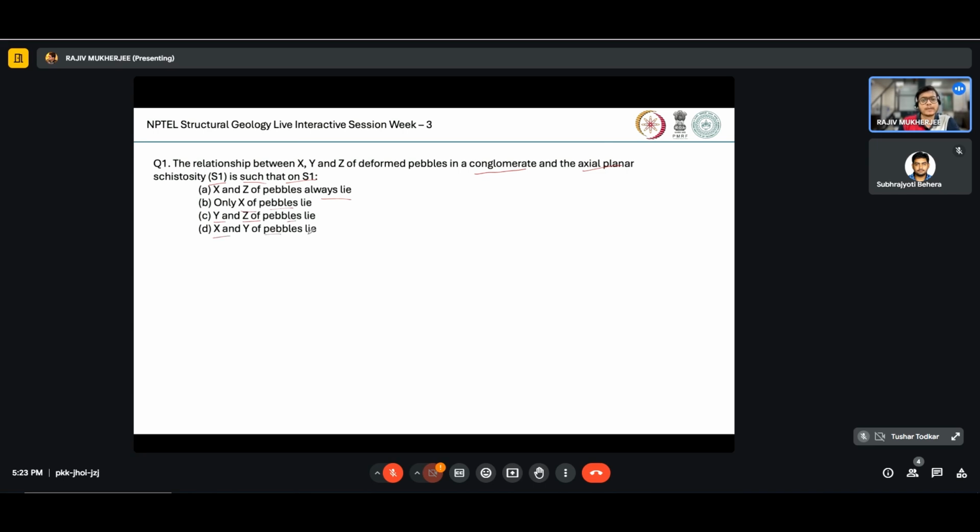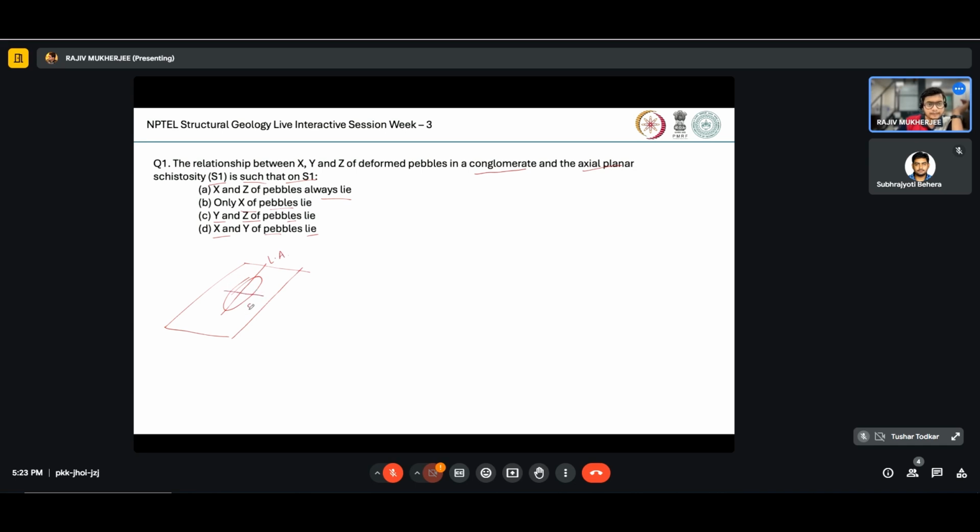Right. So the question is asking that if there is a foliation plane and you see that there is a deformed conglomerate on that, if this is the foliation plane and you are seeing a deformed conglomerate like this, so of course you will have the long axis and you will also have the short axis, right?